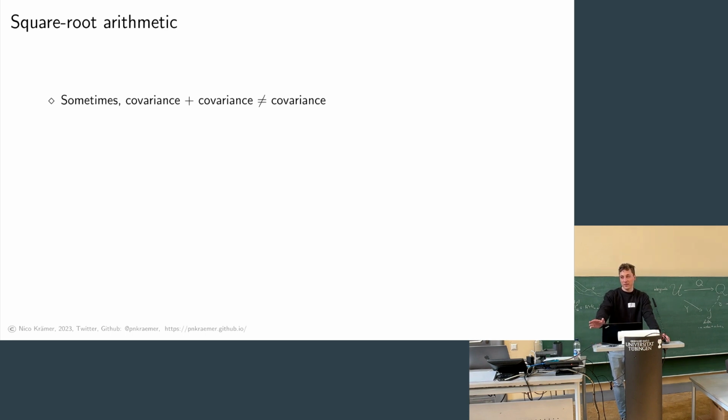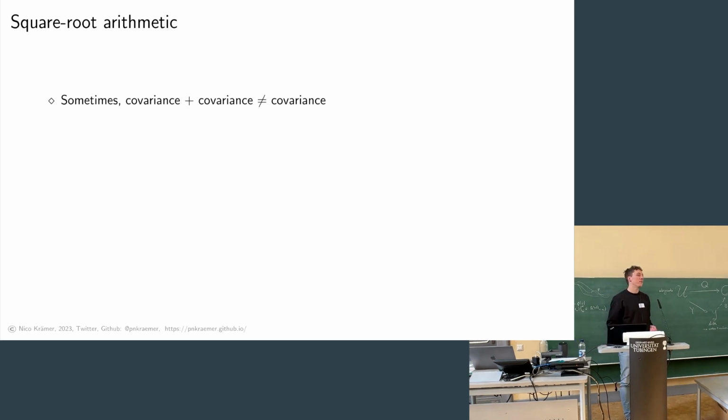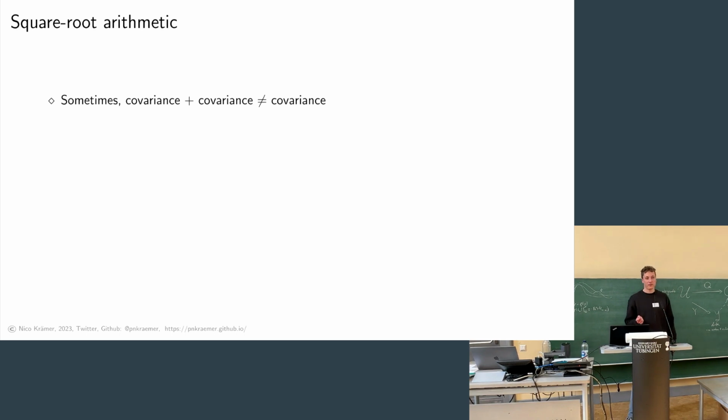On paper, it is, but in practice, I guess it's happened to all of us that we suddenly get something super weird. For example, we could have very slight asymmetries in our matrix, which sounds like no problem, but even for the slightest asymmetry in the matrix, Cholesky decompositions don't work anymore. So we need to find a solution for that.